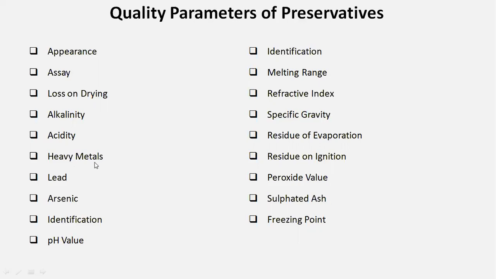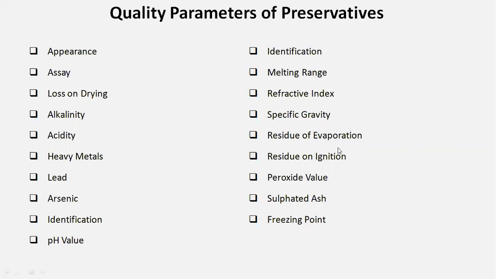Heavy metals: test for heavy metals, test for lead, test for arsenic. Identification tests through certain specific chemical reactions, pH value of a particular concentrated solution. Melting range, the melting point of those preservatives. Refractive index, specific gravity, instrumental methods, physico-instrumental methods.